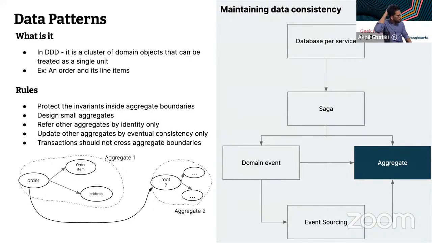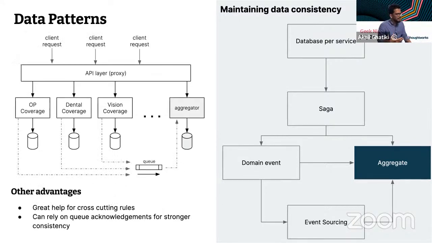Let's say, how do you take care of aggregations? This is more again from a DDD, domain-driven design, concept. An aggregate is basically a cluster of domain objects that can be treated as a single unit. So you can aggregate what all coverages a person has and keep it as one materialized view in your aggregator.